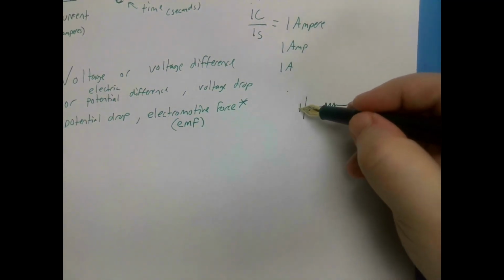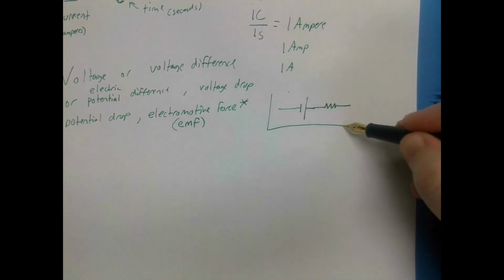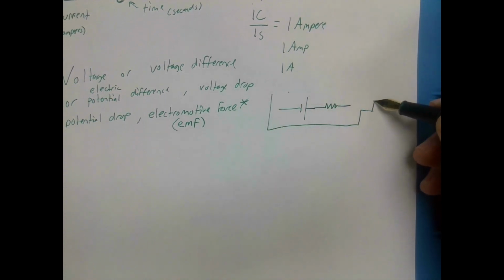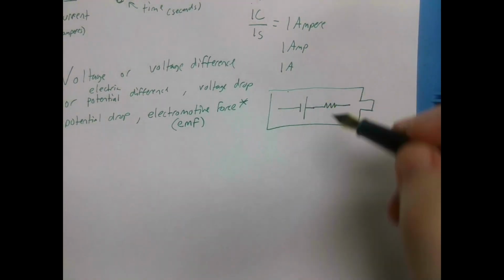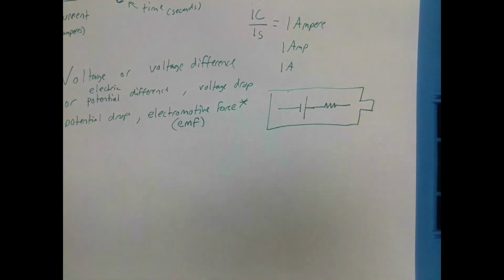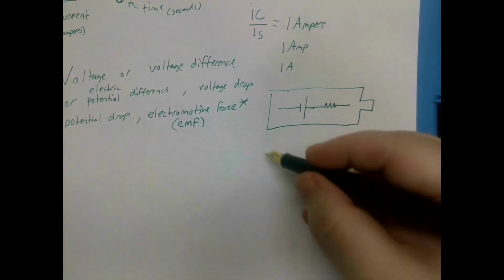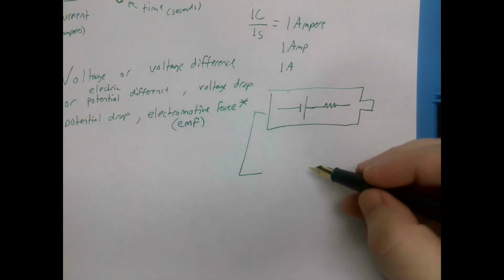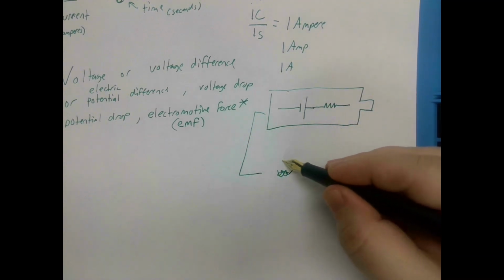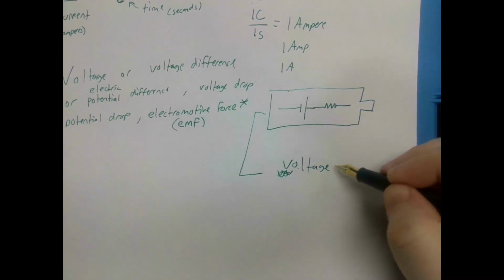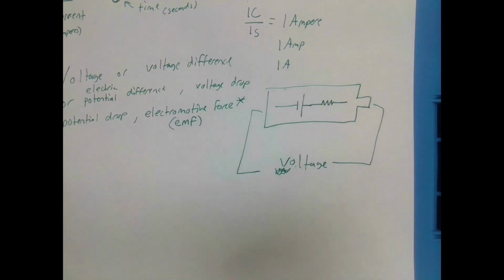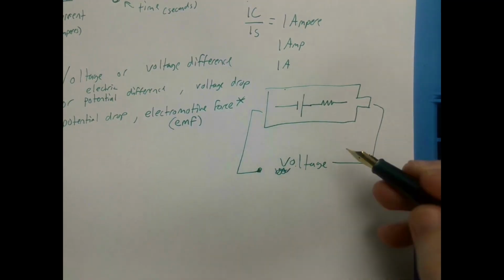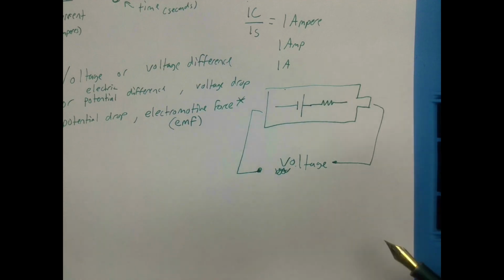So inside of a battery, you have some resistance and some voltage source. This would create, right here, a voltage. If you measured these two terminals right here, there would be a voltage difference.